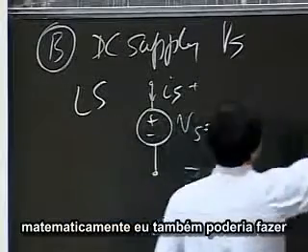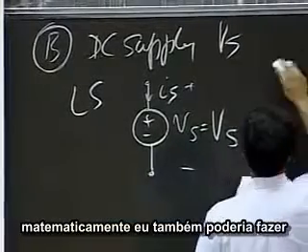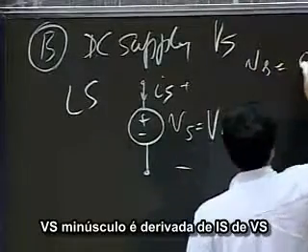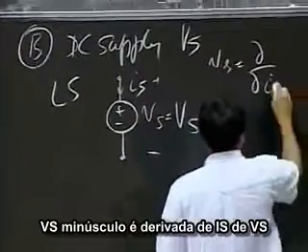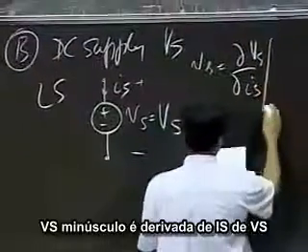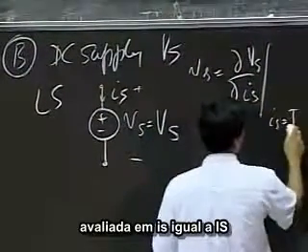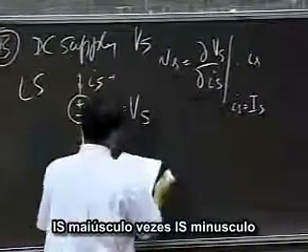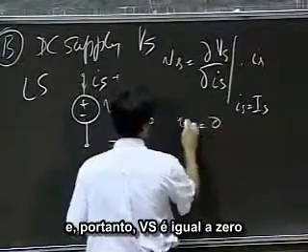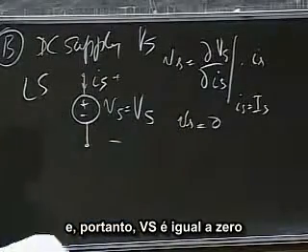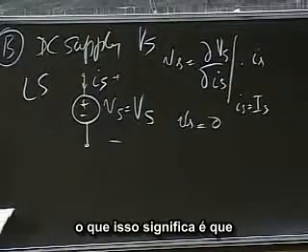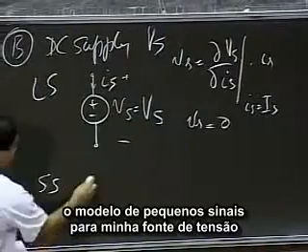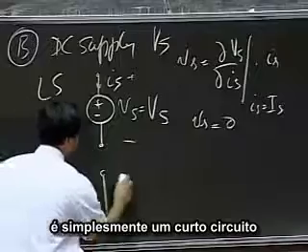Or mathematically, I can also do small VS is del VS by del IS evaluated at IS equals some capital IS, times small IS, and therefore small VS equals 0. So what that means is that the small signal model for my voltage source is simply a short circuit.